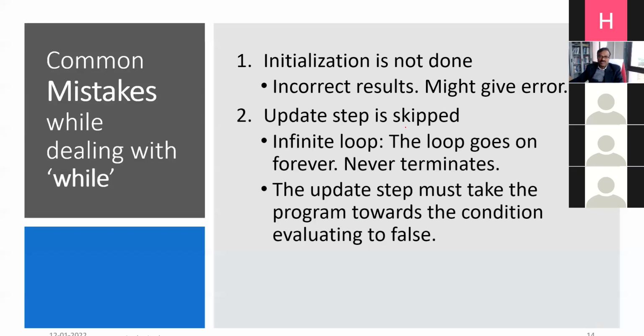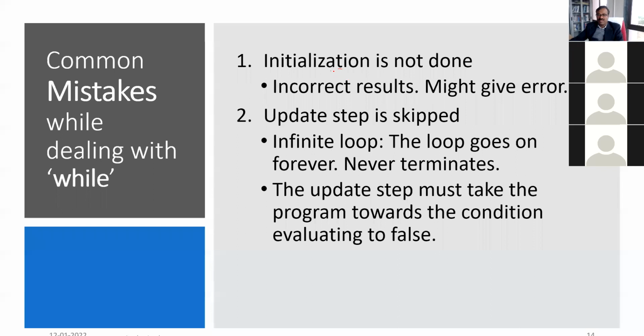There are common mistakes when we use a while loop. One is incorrect initialization, or the update step can be skipped. You might not be doing the correct update, and therefore it may go into an infinite loop. The update step must ensure that we are moving towards the direction where eventually this loop is going to terminate, and therefore the rest of your program can execute and finish correctly.